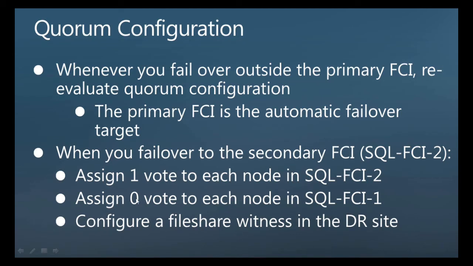You need to change it back to 0 votes for each node in the original primary, to make sure it won't impact the quorum mode if they come online. You can also configure a file share witness in the DR side if it's an even number of the total nodes.